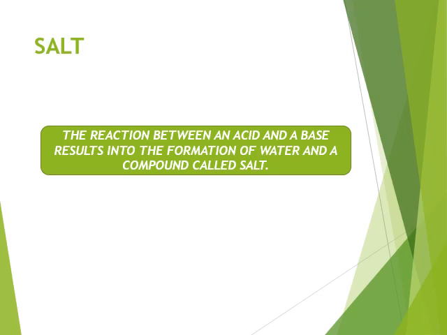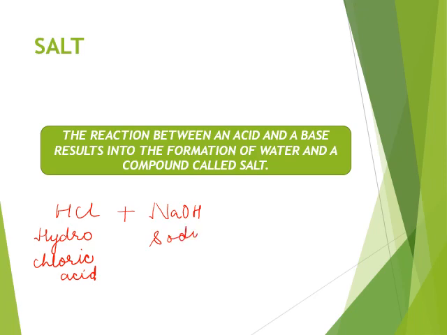As I have shown you the reaction before, this is HCl, hydrochloric acid. It reacts with sodium hydroxide, NaOH, and both of them react to form a new compound, NaCl.